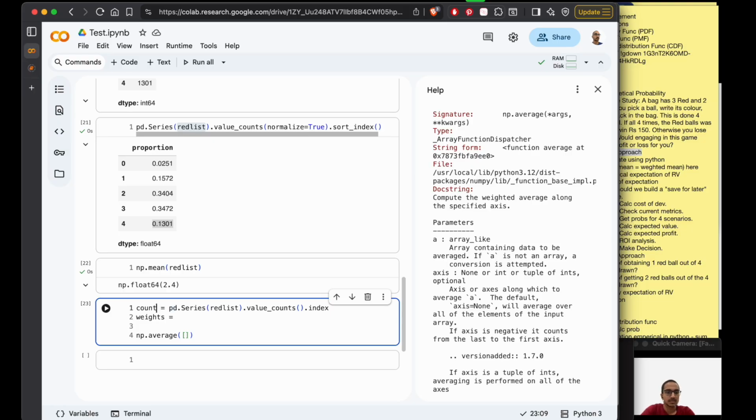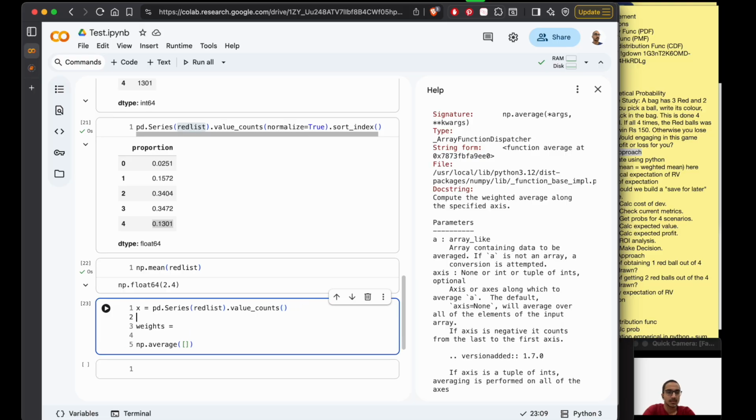Let's do one thing. Let's call this x, and do count equal to x dot index and x dot values.